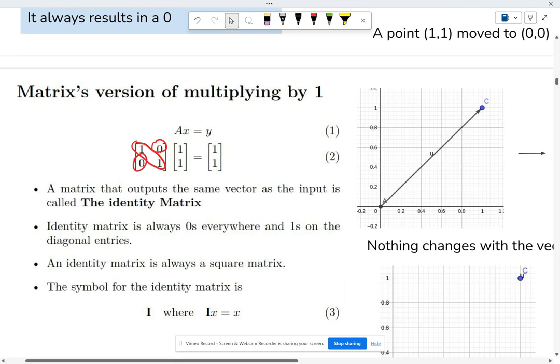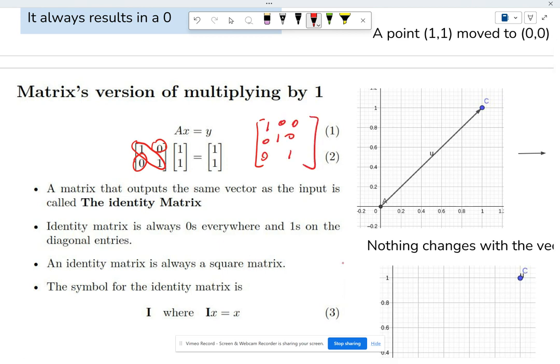Let me show you another example. Let's say we have 3 dimensions: 1, 0, 0, 0, 1, 0, 0, 0, 1. Notice that the diagonal entries are all ones and the off-diagonal entries are all zeros. Now let's take the vector 1, 2, 3. If you multiply them out, you will see that the output is 1, 2, 3. It's almost as if x is multiplied by 1 and it just gives you x back.